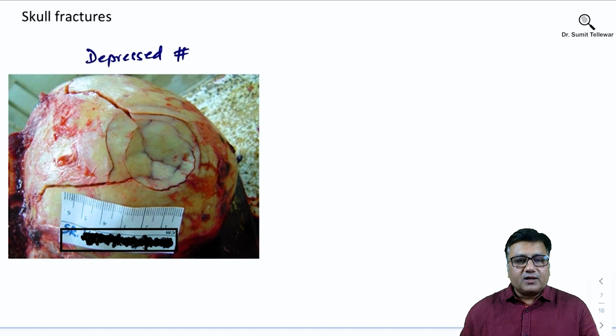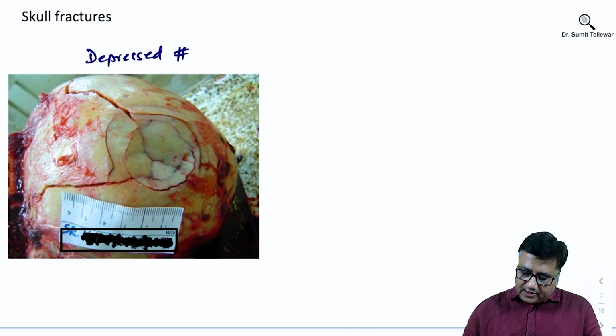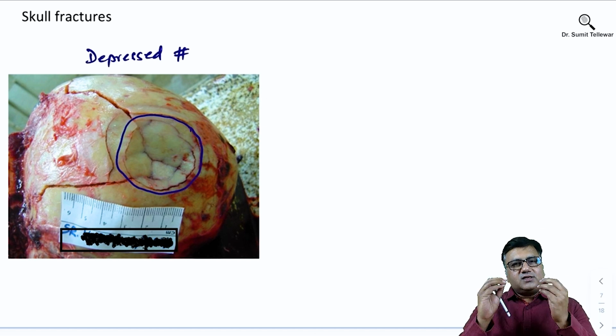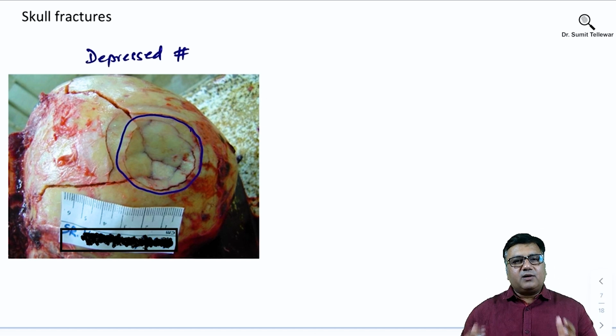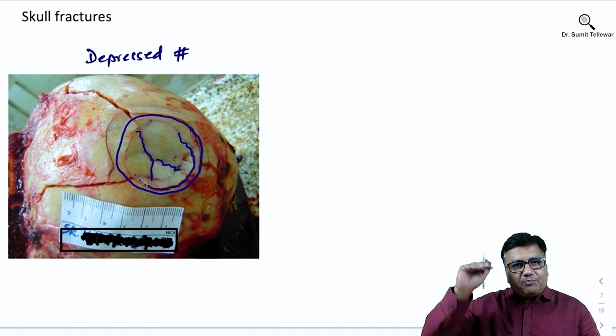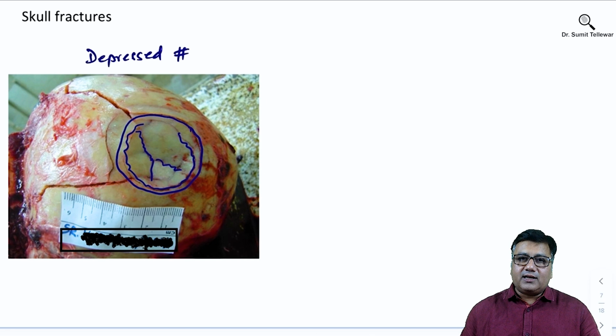So in the photograph you can see that this area has fracture of the vault of the skull, where the bone is cracked into multiple pieces. You can see the cracked ectocranium, right, all around here, and this cracked ectocranium is getting depressed into the endocranium, right.